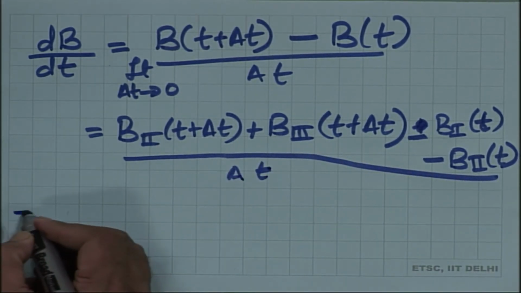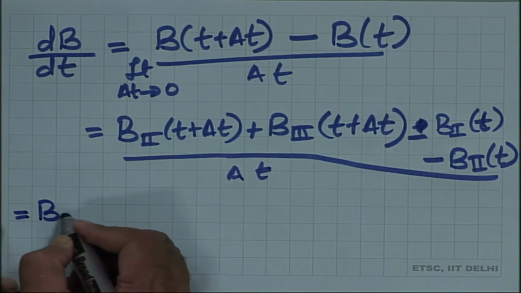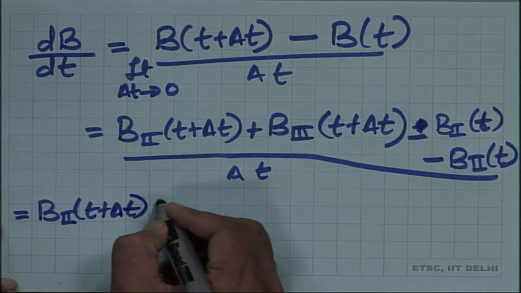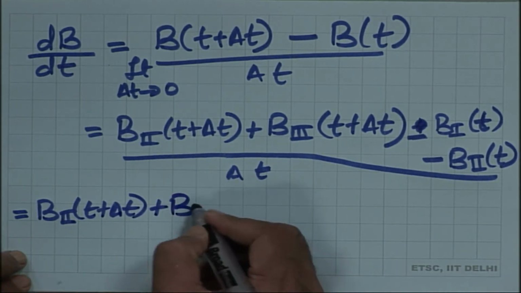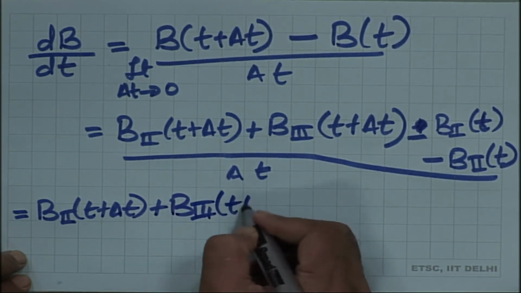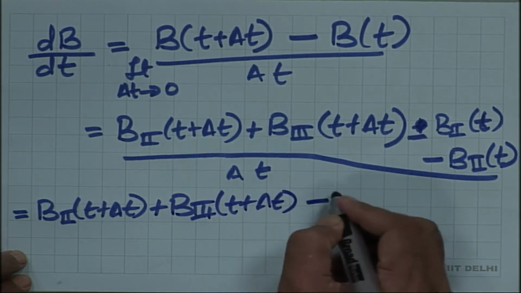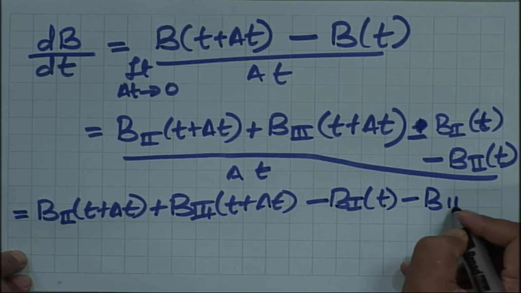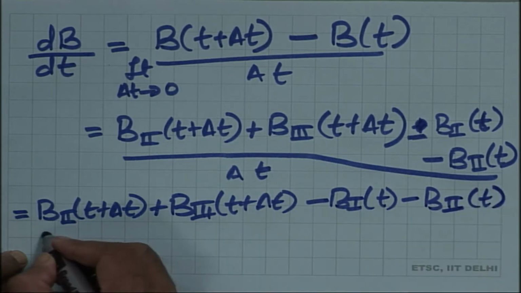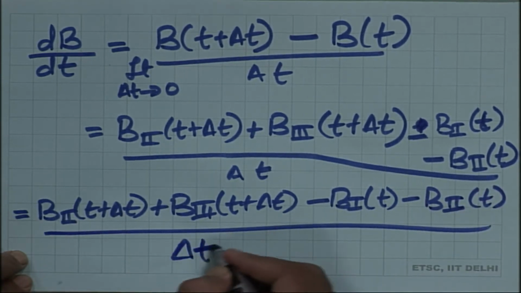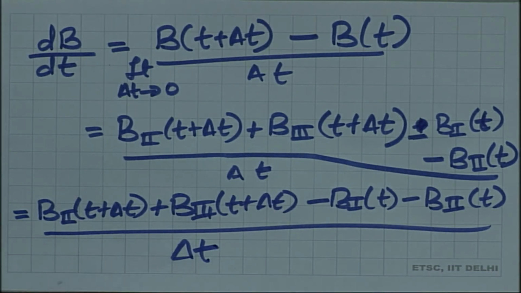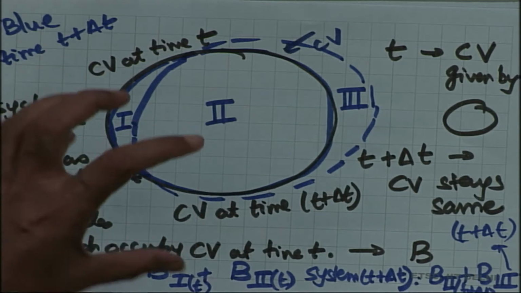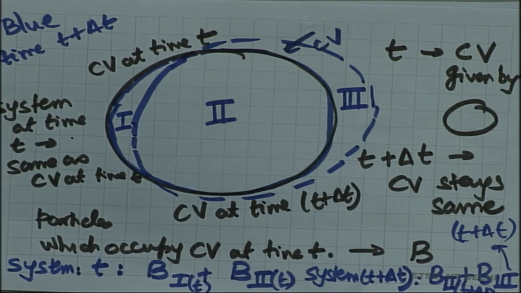So, let us now write it clearly: B2 at t plus delta t plus B3 at t plus delta t minus B1 at t minus B2 at t, divided by delta t. Now, I want to relate this to partial B by partial t in the control volume.